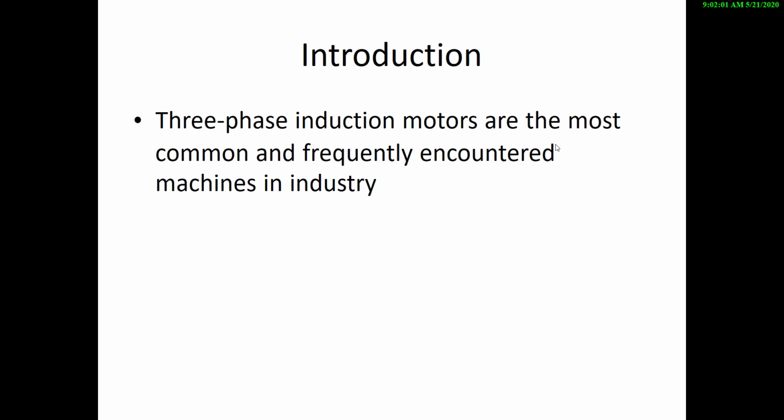However, in AC motors, the rotor does not receive electric power by conduction, but by induction, in exactly the same way as the secondary of a two-winding transformer receives its power from the primary. That is why the induction motor is named so, based on this principle.